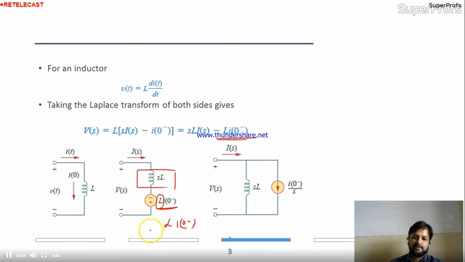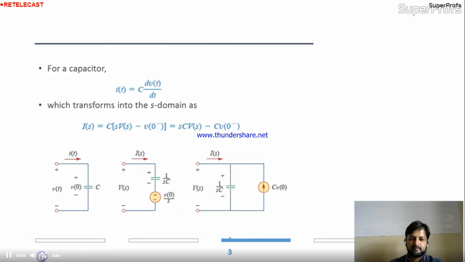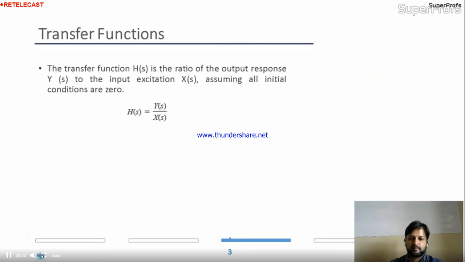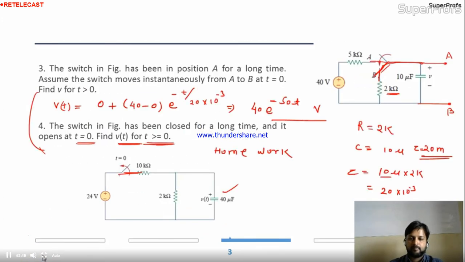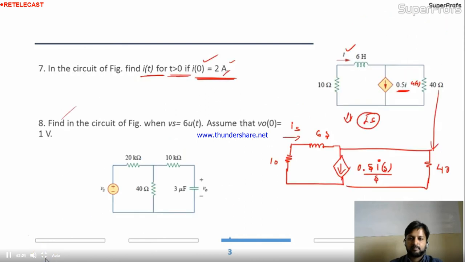So we'll replace that inductor by this. Here I'll add 2 into L. What is L? 6, right? So this is 12 volt.